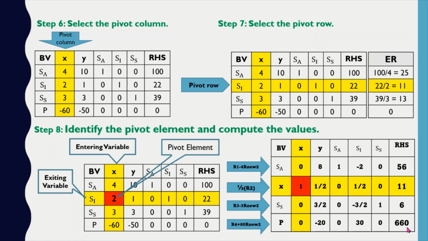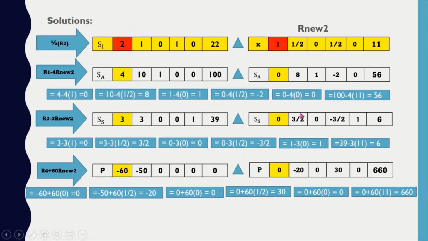is equal to 660. Okay, after all of the steps 6, 7, and 8, we now have our new values for our new table. We consider that as a new initial table. So this is the solution, just to show you. From row 1, we multiplied by 1 half.